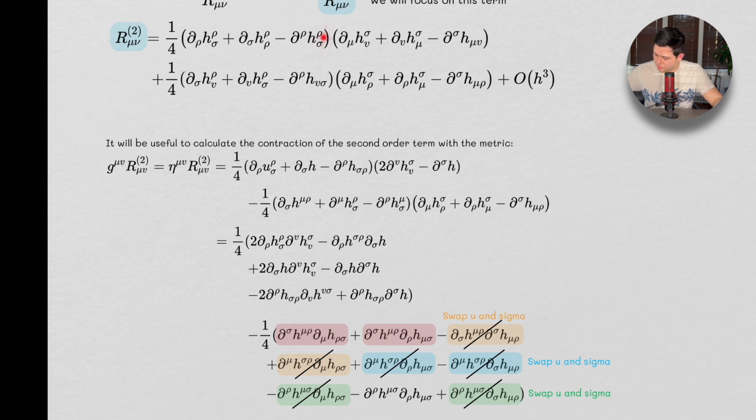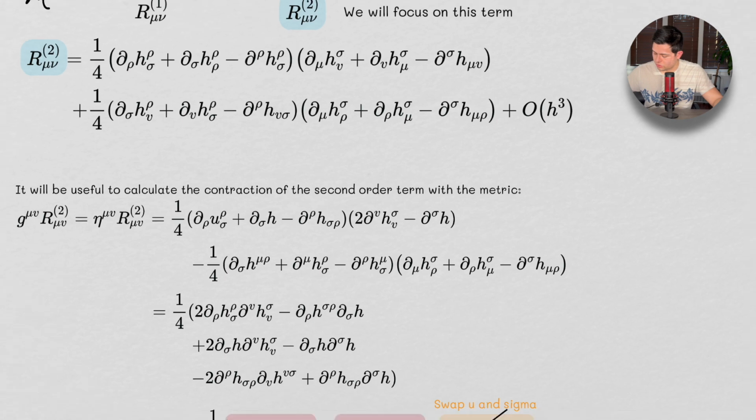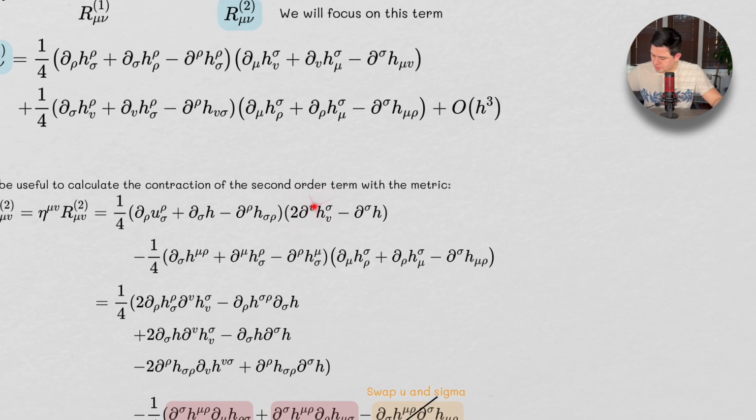What's going on here is we can lower rho, right? Because when we lower rho, we're not really changing the sign or anything like that. This is just, again, a dummy variable. So that's going to be this guy right here. This guy right here doesn't change. And then this here, right?